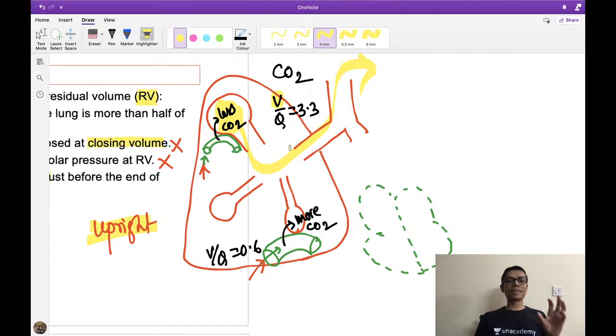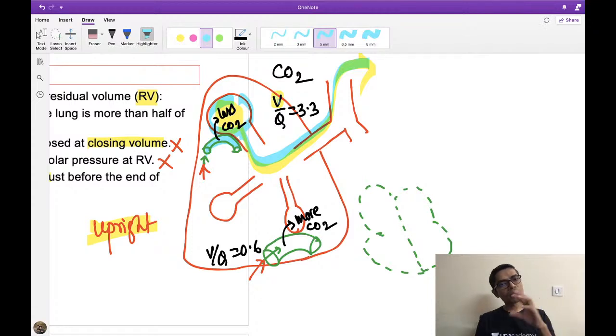So simple thing, in the apical alveoli the supply of carbon dioxide is less. Supply is the wrong term, but for understanding. Plus this less amount of carbon dioxide is easily washed out from the lung, because in apical alveoli ventilation is more than perfusion, right?